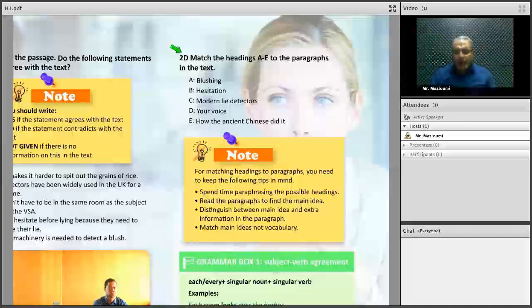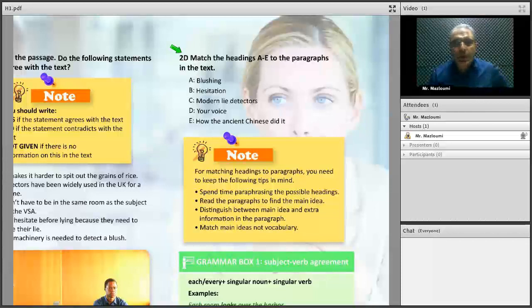Match the headings A through E to the paragraphs in the text. Well, there are 5 headings here, and remember, we have 5 paragraphs in the article. You need to do the matching and match the headings to the paragraph. Remember, in order to do so, you need to get the gist of each paragraph. Let's say, get the main point of each paragraph.